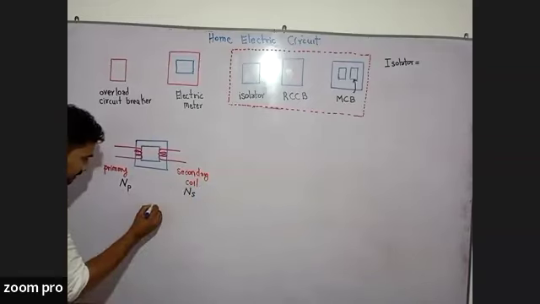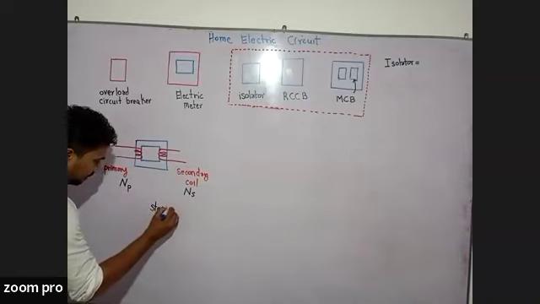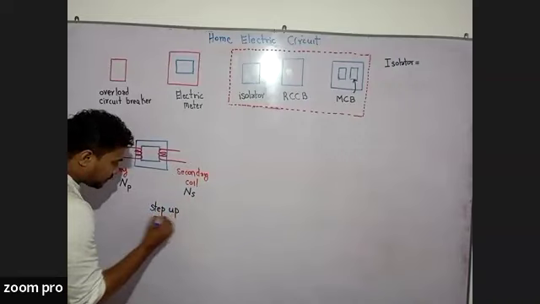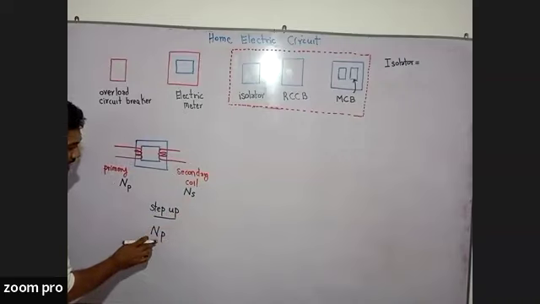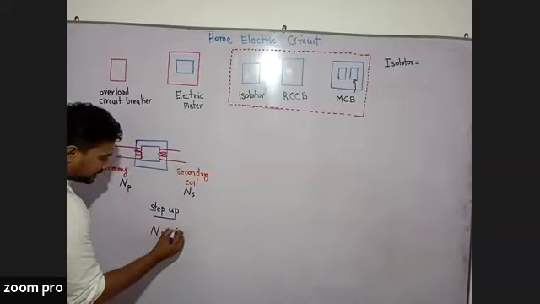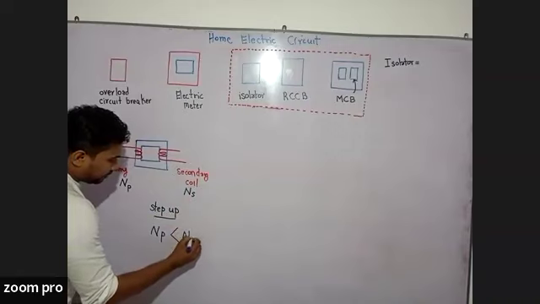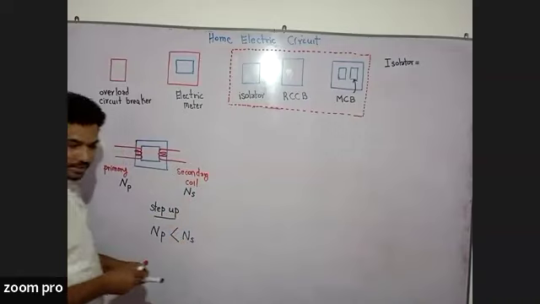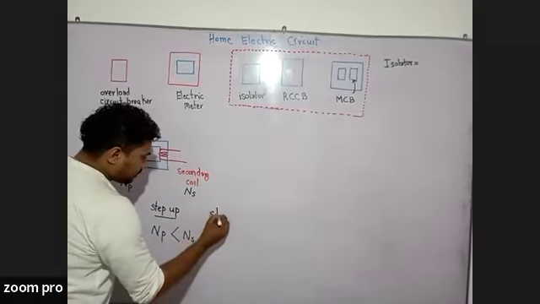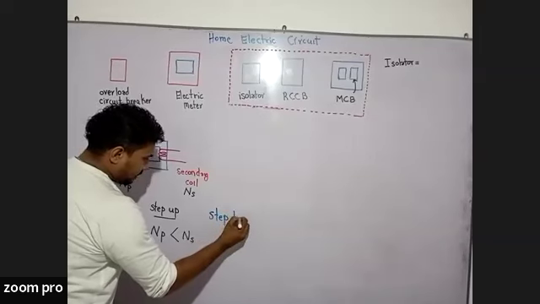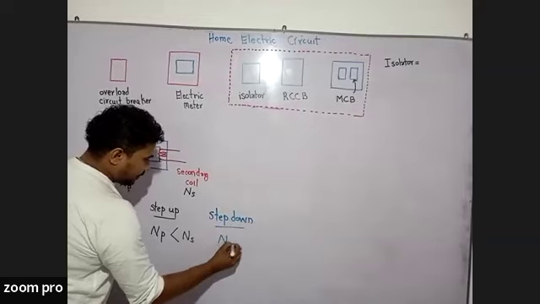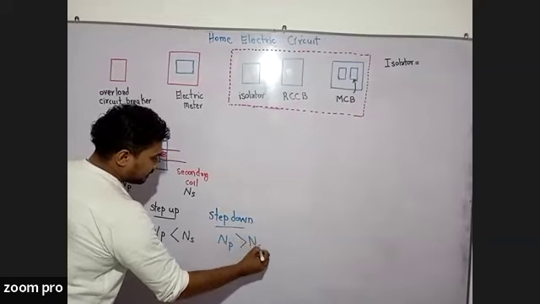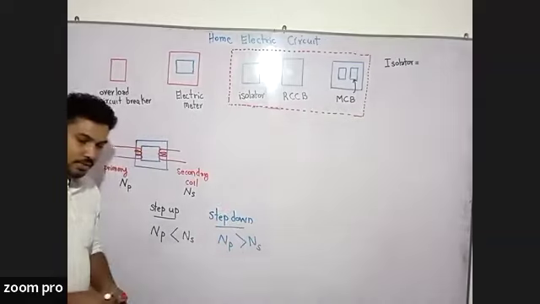Normally, in a step up transformer, the number of turns in the primary coil is lesser than the number of turns in the secondary coil, right? In a step down transformer, NP is greater than NS, right? So this is the normal thing.